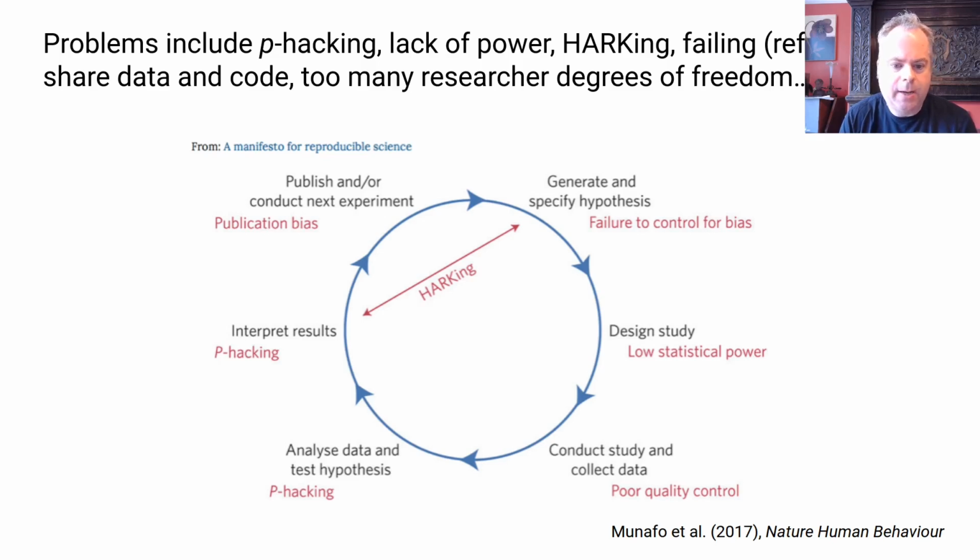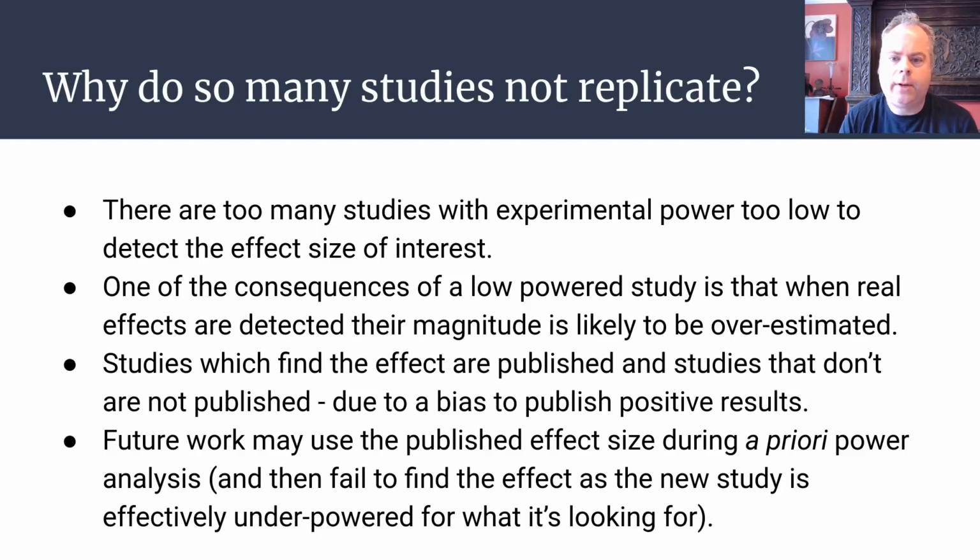P-hacking we've talked about already in terms of the way in which you analyze your data, maybe not reporting all of the analyses, selective reporting, selective interpretation, a huge problem of publication bias in the literature, in the sense that what tends to get published are results that are significant. You never hear about all those experiments or papers that failed to find an effect. So taking all of these things together arguably results in the situation that psychology and science was in a few years ago. So why do so many studies not replicate?